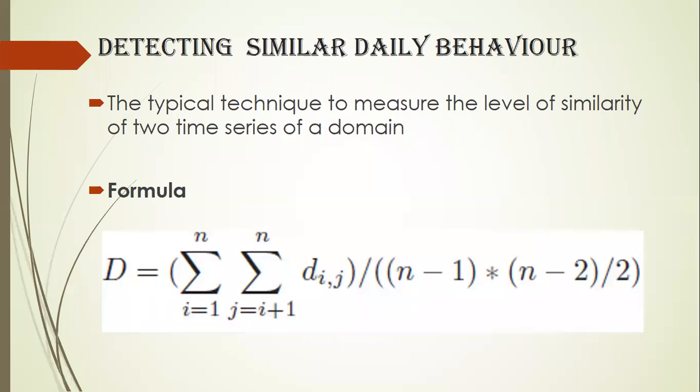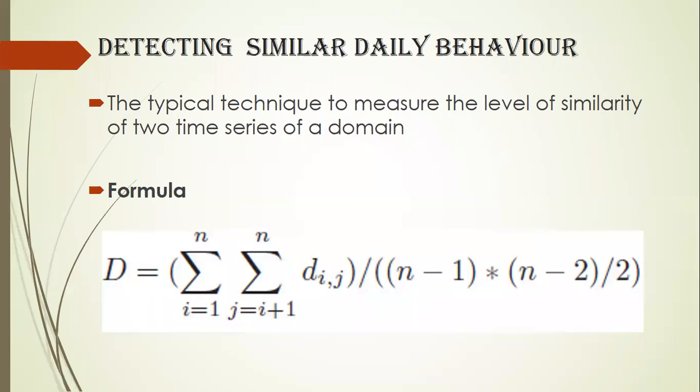They also introduced the formula for calculating the distance between two similarities of domain. It is d equal to dij divided by (n minus 1) into (n minus 2) by 2.